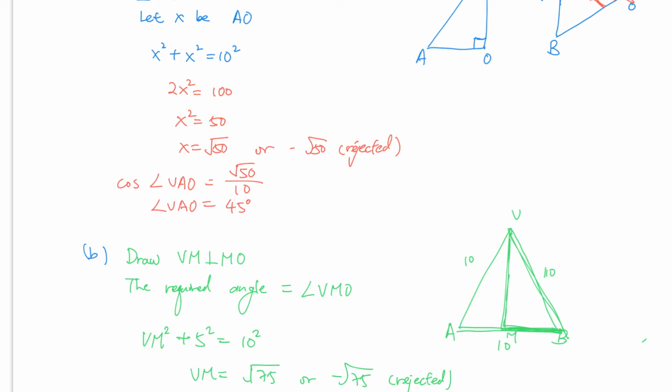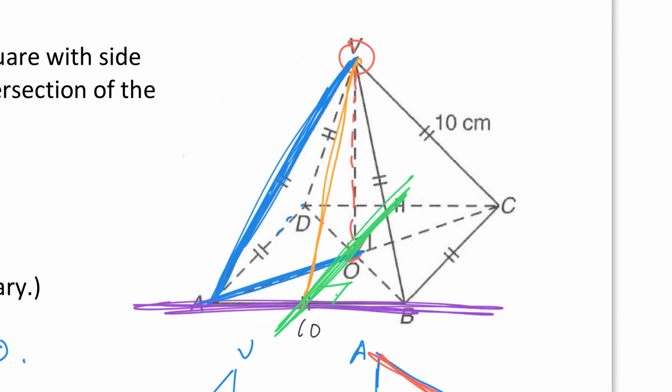So how can we find VMO? You can consider the triangle VMO. VM is equal to square root of 75. How about MO? O is the center of the square, so MO is equal to half of the length of BC.